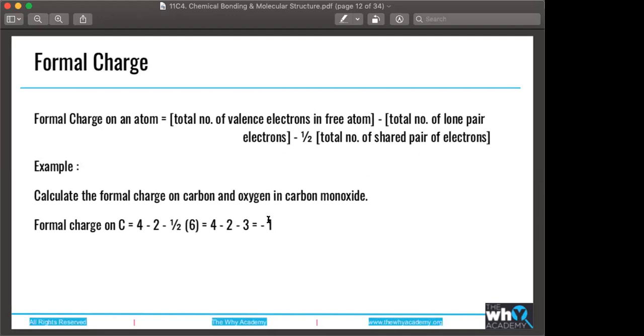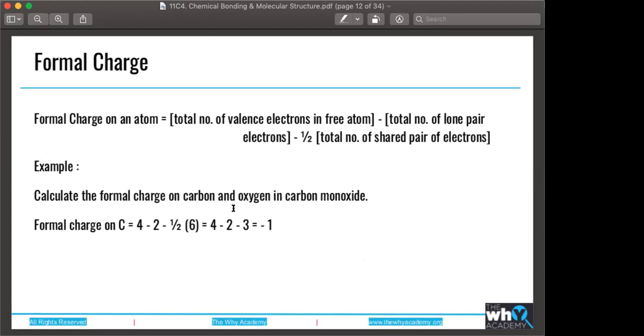Similarly, can you calculate what the formal charge on oxygen will be in carbon monoxide? It will be +1. That's why it's a neutral molecule. Ideally, it should be +1, yes.